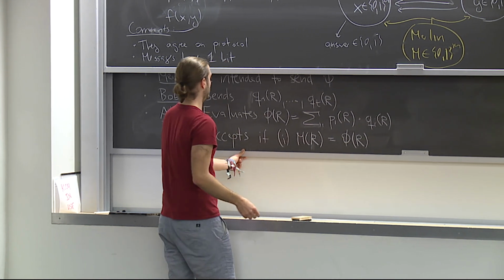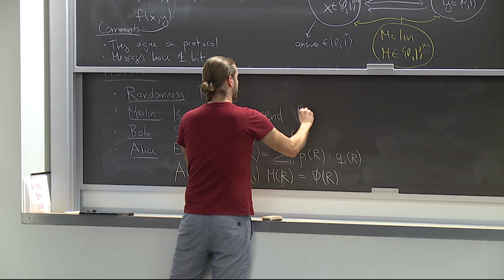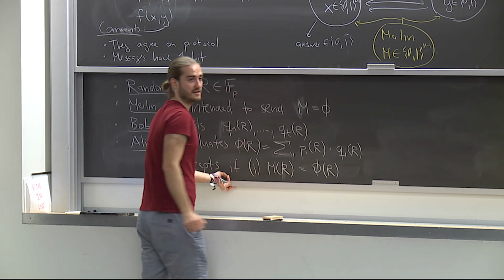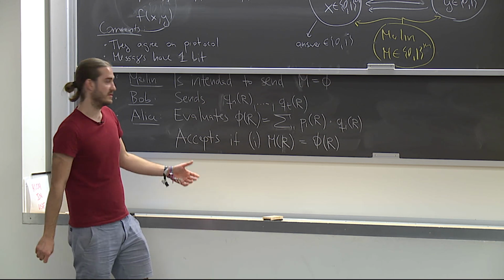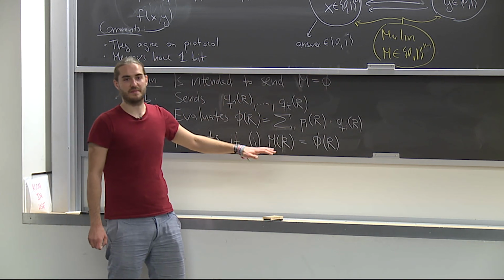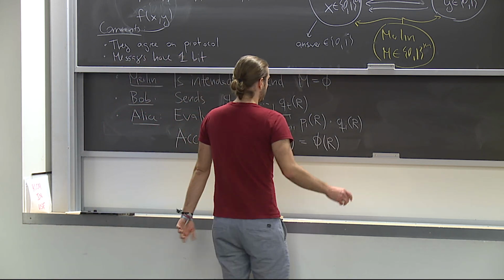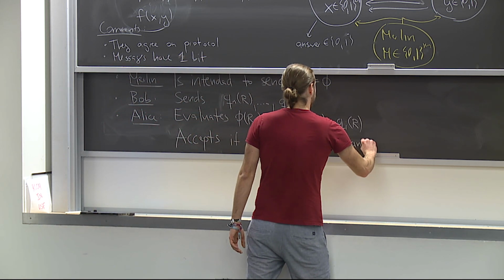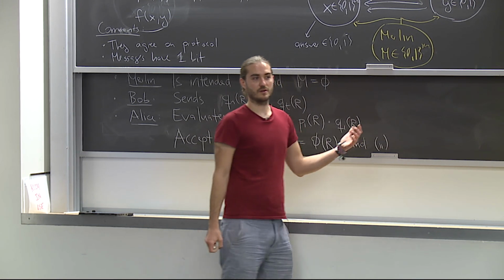Merlin is intended to send whatever his message is supposed to be, the polynomial phi, but Alice makes sure of that by saying, maybe at this particular evaluation point, I can check. And the other thing is she has to make sure that the vectors are actually orthogonal.